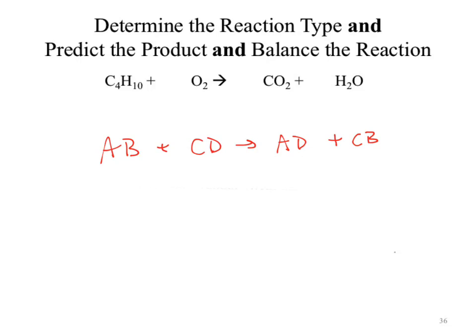How do I know C is different from D? They're not the same. Two different letters. Okay? The format gives me that. If I overlay that on top of the reaction above, is O a different letter than O? No, this doesn't fit the double replacement.